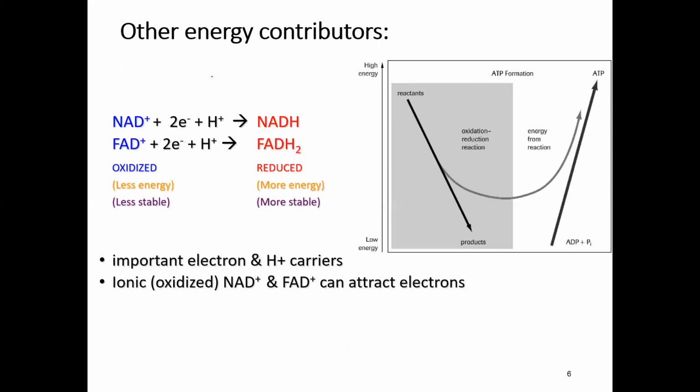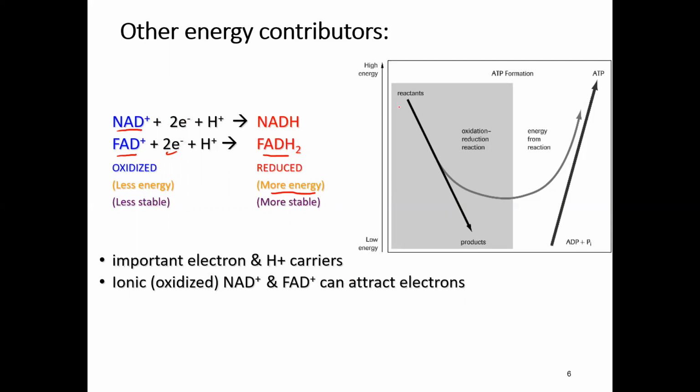Other energy contributors are NAD and FAD. When they gain electrons, they become reduced and they have more energy. These are very important electron and proton carriers in cell respiration.